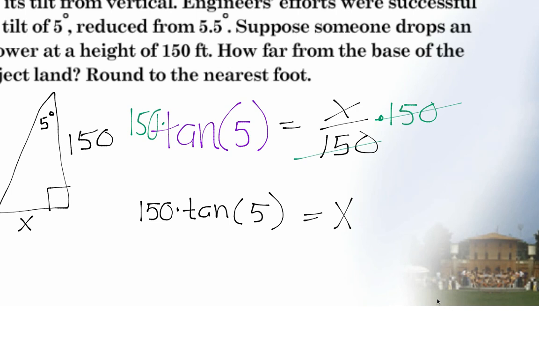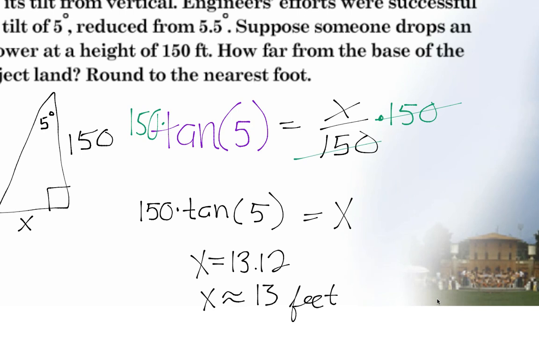So in your calculator, you're going to type 150 times, press the tangent button, input the 5, close the parentheses, and you get 13.12. It actually says round to the nearest foot. So x is about 13 feet.